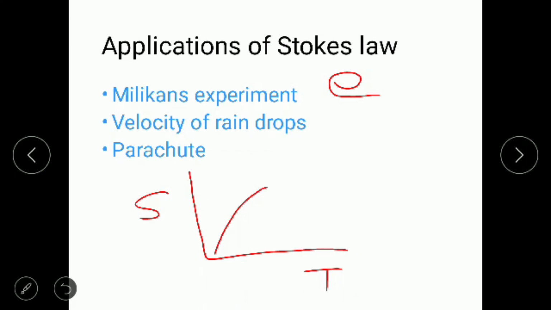Then, due to the viscosity of the air, the acceleration of the person becomes ultimately zero, and the person falls with a constant terminal speed. Afterwards the speed will stop increasing and will become constant. So this is the type of graph for a person falling with the help of a parachute.